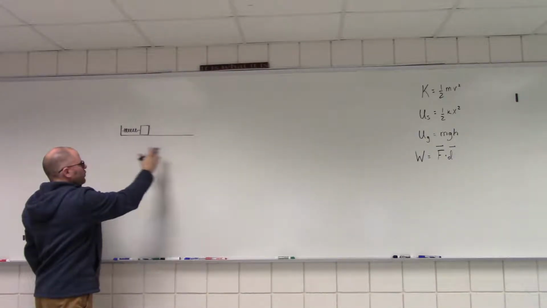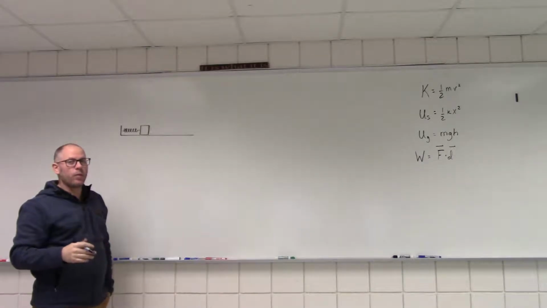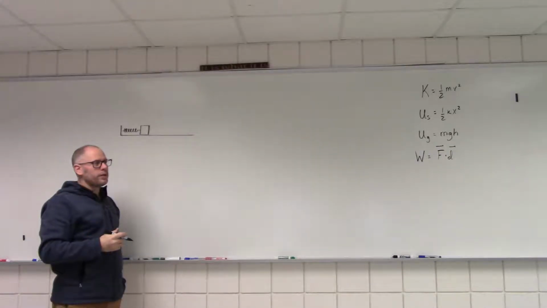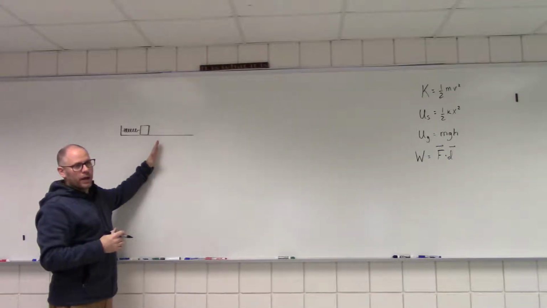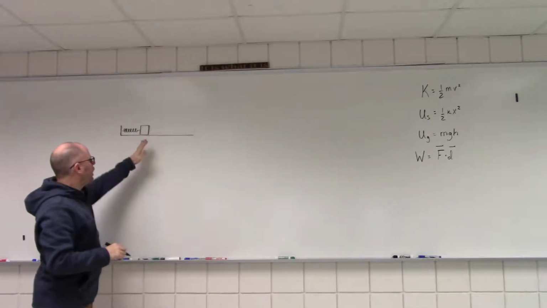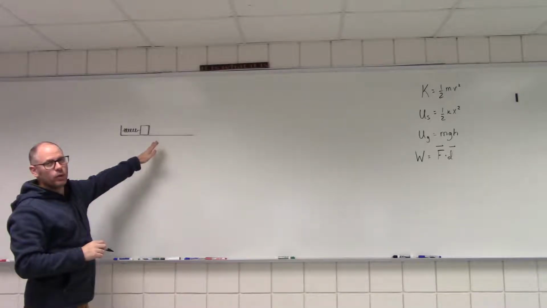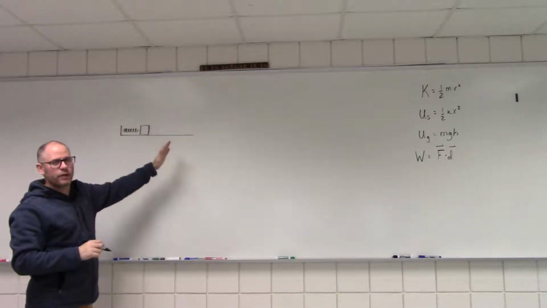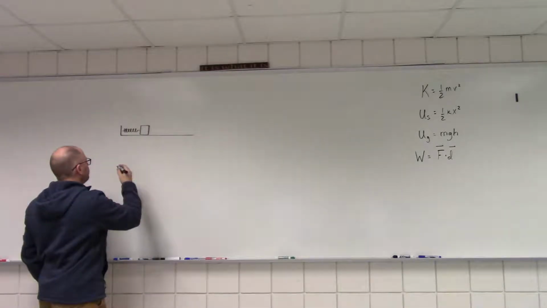When I look at that situation, it's going to go back and forth, and this is a war between the elastic potential energy and the kinetic energy. We call this the equilibrium position because the spring is neither stretched nor compressed.